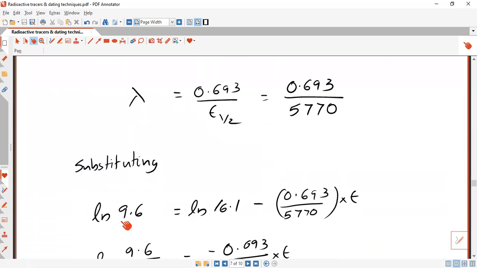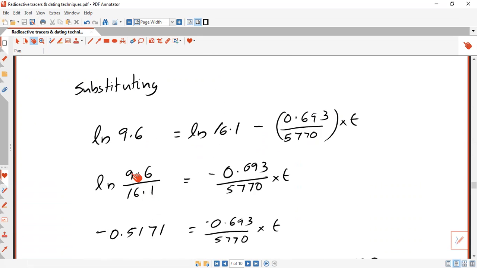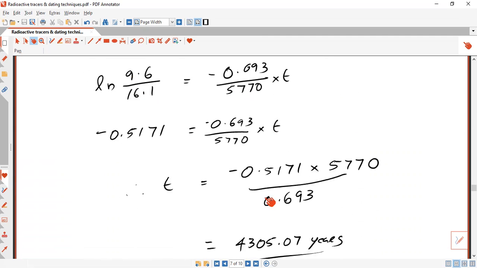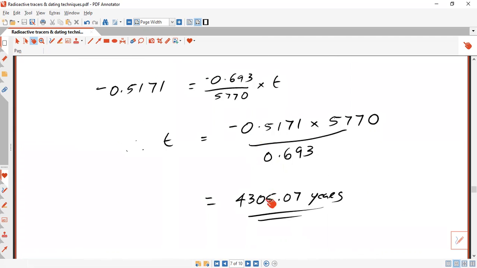Substituting these values, ln 9.6 is equal to ln 16.1 minus 0.693 by 5,770 into T. Rearranging, ln(9.6 by 16.1) is equal to minus 0.693 by 5,770 into T. Solving, T is equal to 4,305.07 years.